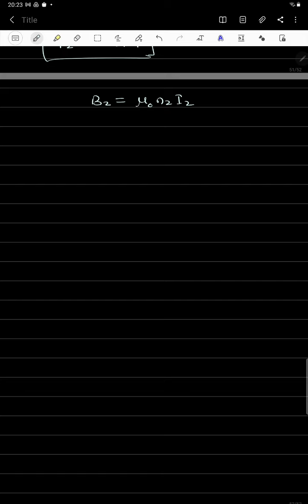This is due to the secondary coil, which produces the magnetic field, and the total magnetic flux is linked with the primary coil S1, so phi 1 equals N1, the number of turns of N1.